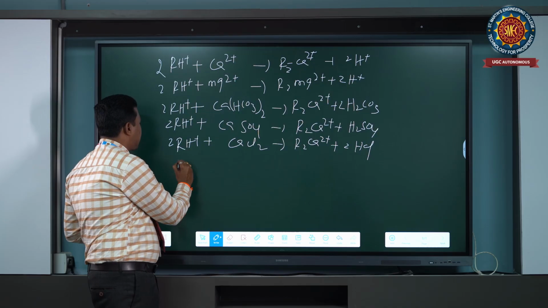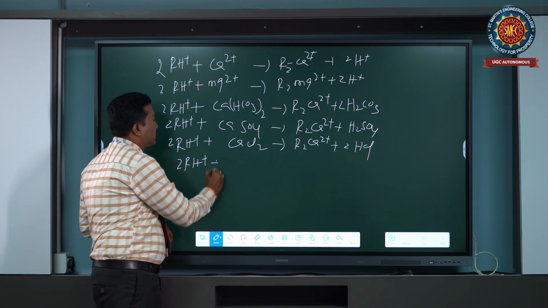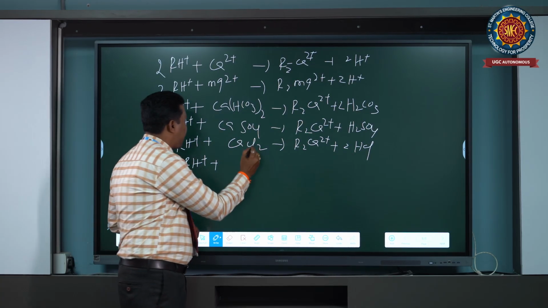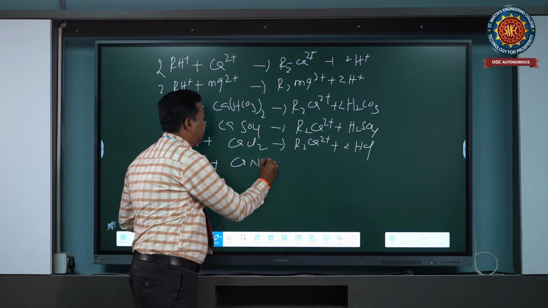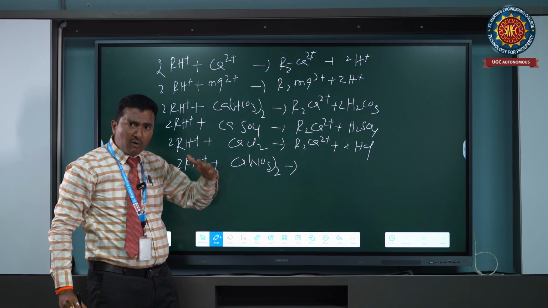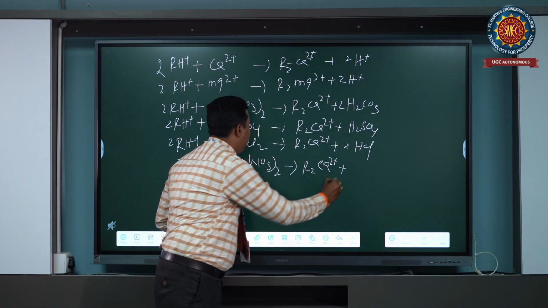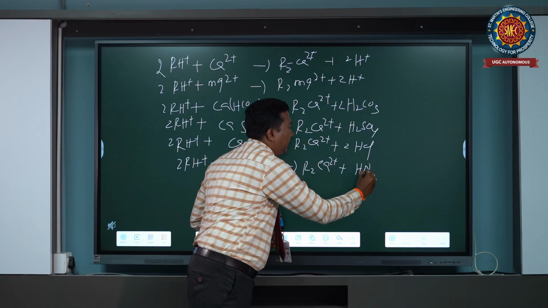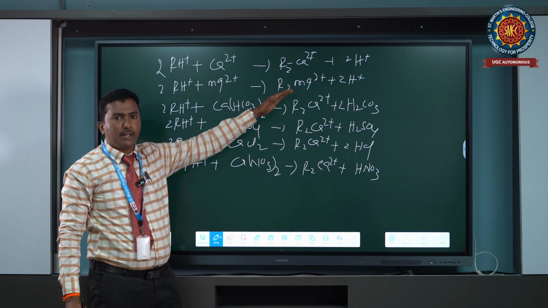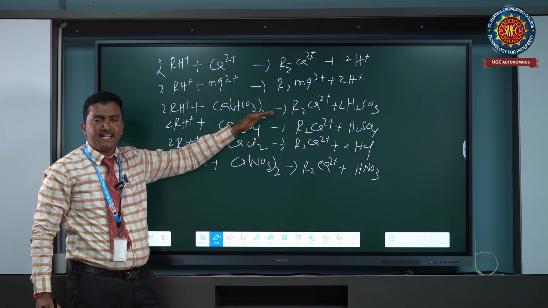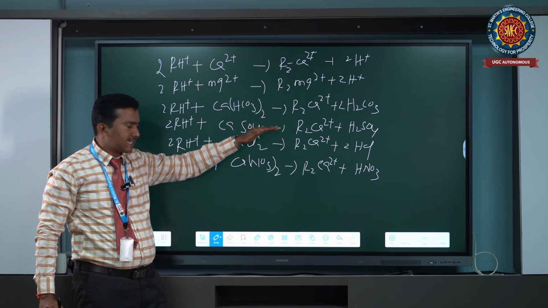Next, 2RH+ reacts with calcium nitrate to form R2Ca2+ and HNO3. As previously explained, after filtering, the water consists of acids dissolved in water.